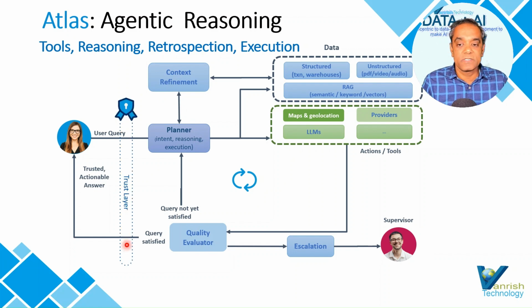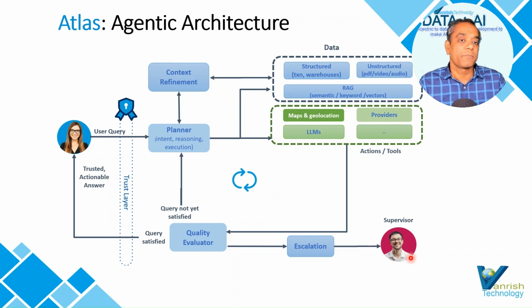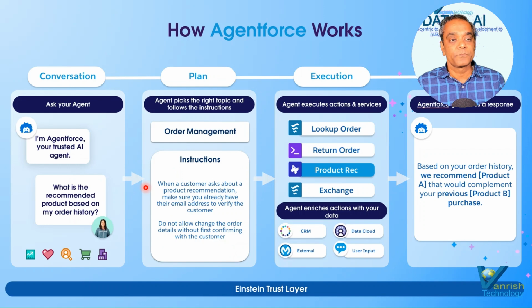What a trust layer does is ensure privacy compliance and safe AI behavior. This is the layer where you can take care of any of your compliances or the privacy of your user and data. So this is the bigger picture of your Atlas agentic architecture, and how different components work together, getting feedback with different actions and tools, and then providing the response to the user.